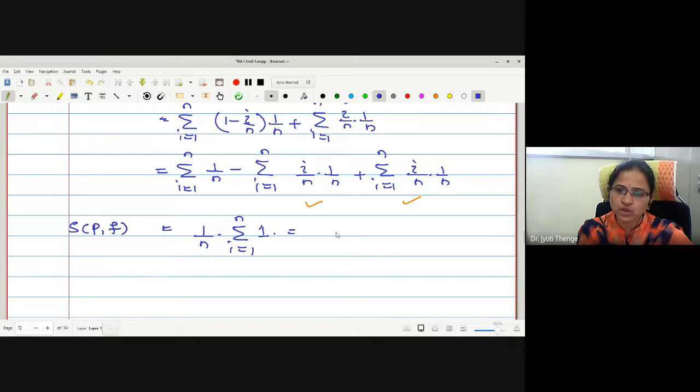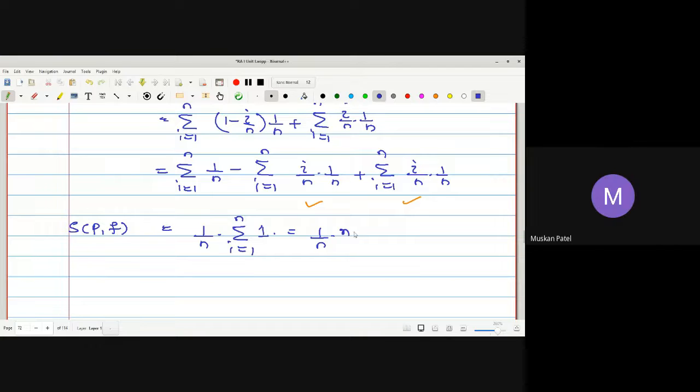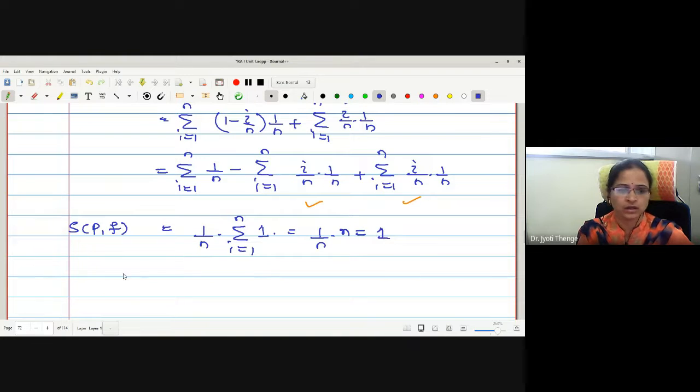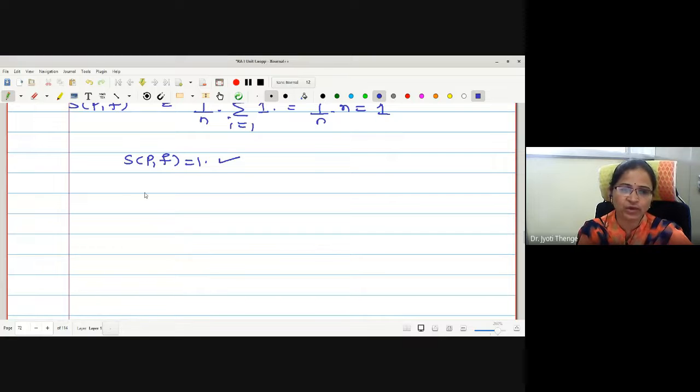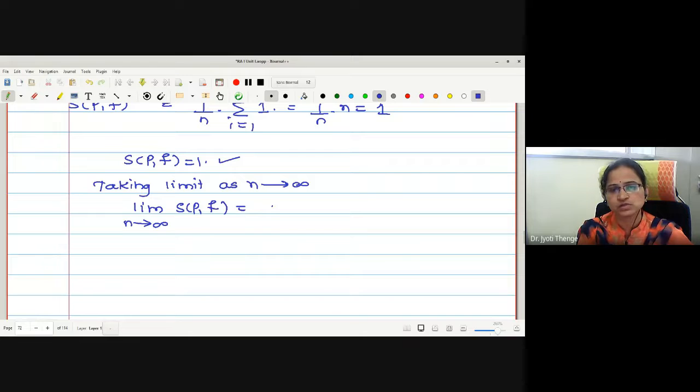Okay, what is summation 1 then? n. Therefore, it is 1. Therefore, S_P f itself is 1. Therefore, what about the limiting value? There is no n on the right side. Therefore, taking limit, there is no effect. Therefore, limit n tends to infinity, S_P f is equal to limit n tends to infinity 1, which is 1 again.